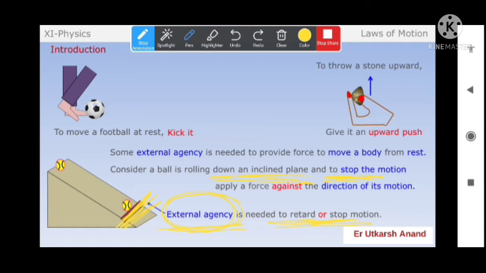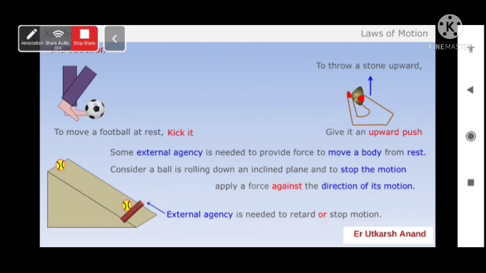Retard means reduce the speed. Similarly, to throw a stone upward, you make an upward push, but initially the stone is at rest. In all these examples, you are actually trying to change the speed of the object.